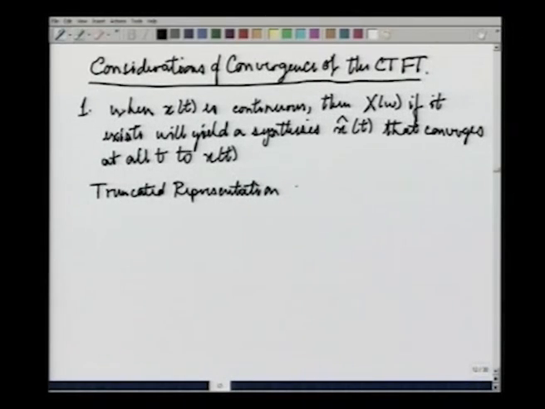Truncated representation, also called partial representation. Fine.